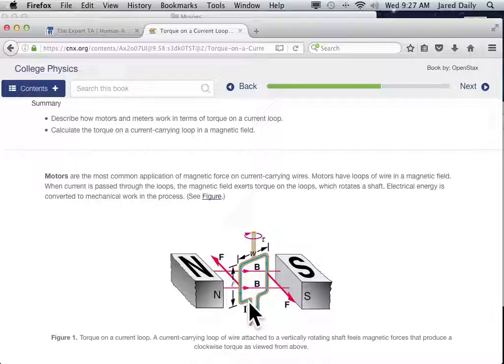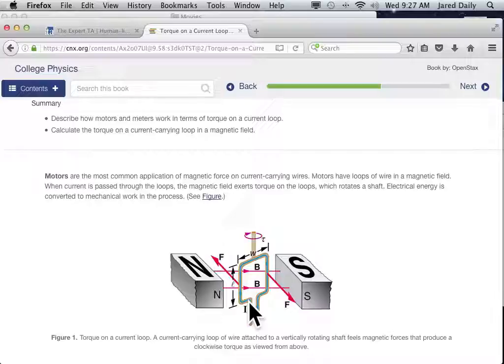In fact, let's do this so that, everybody look up here really quick. We're not going to pretend that this thing is at an angle in here. We're going to pretend that this loop is turned this way, so that the loop is perpendicular to the magnetic field.